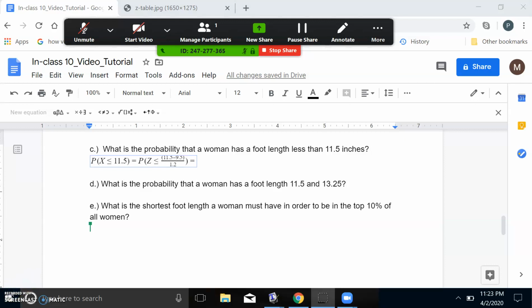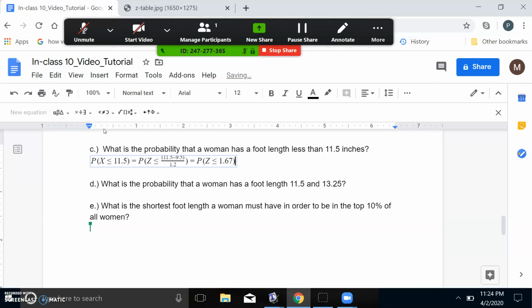Doing this calculation, the probability z less than or equal to, if you work it out, is 1.66 and keeps going. Since the z table is good to 2 decimal places, we're going to round it to 1.67.